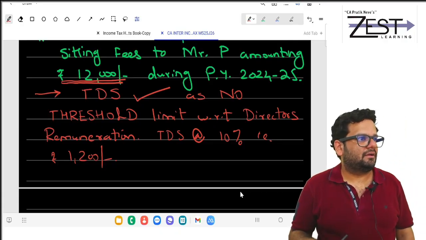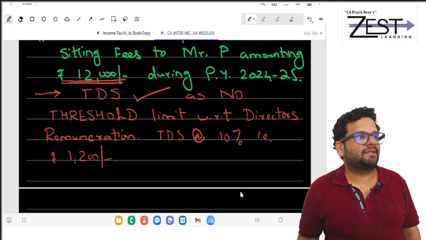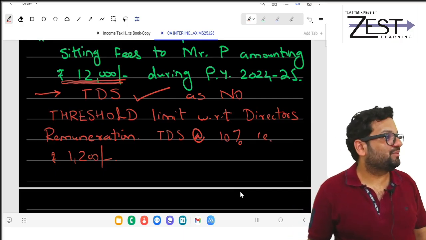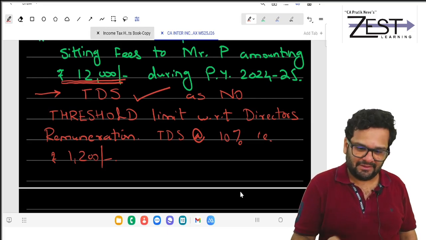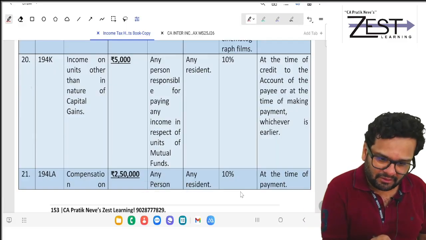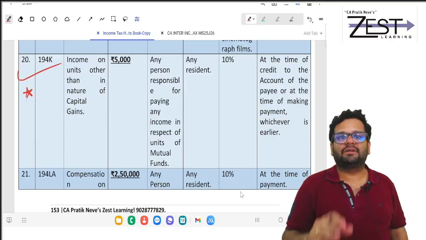A, C, H, I, J: five most important for businesses. Almost we'll consolidate and end the session. This 194K we are keeping, you can tick. You can give 1 star, tick it, leave it.